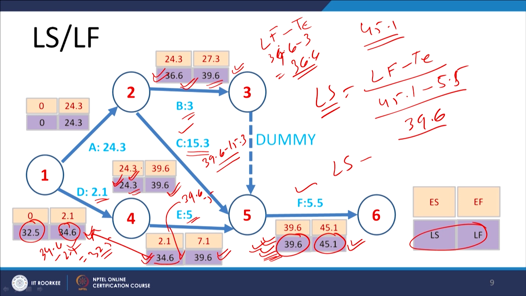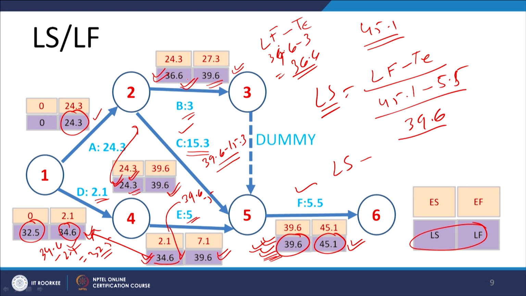So, to start activity C at 24.3, activity A must be completed by 24.3. The latest finish time for activity A is the latest start time of activity C. So, this will give us the minimum value of the latest start time of the successor activities.